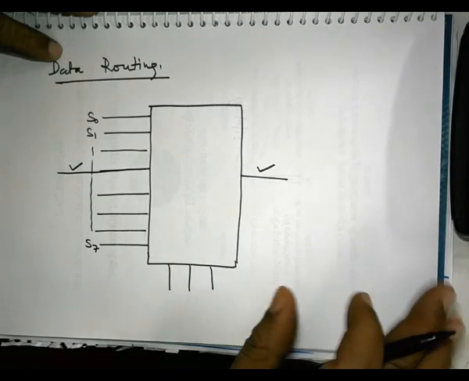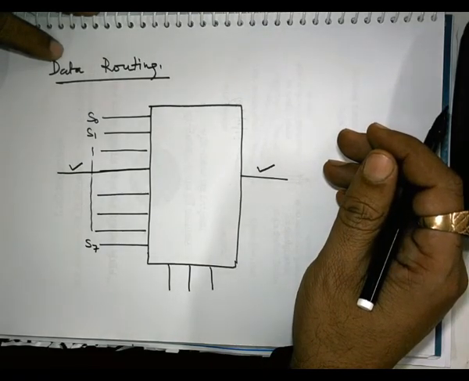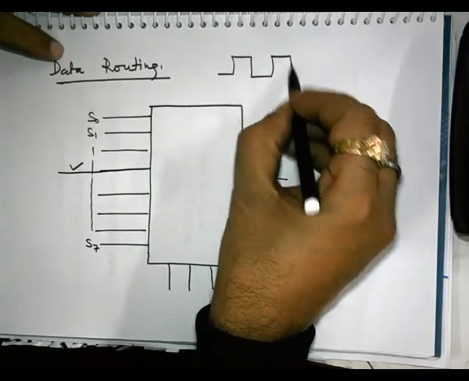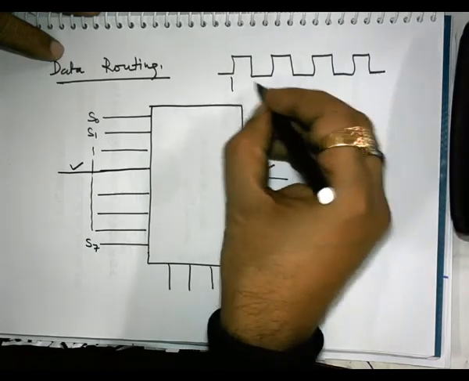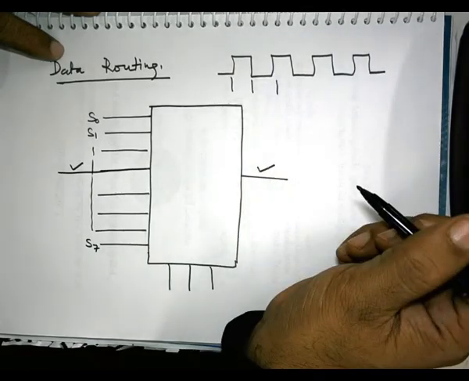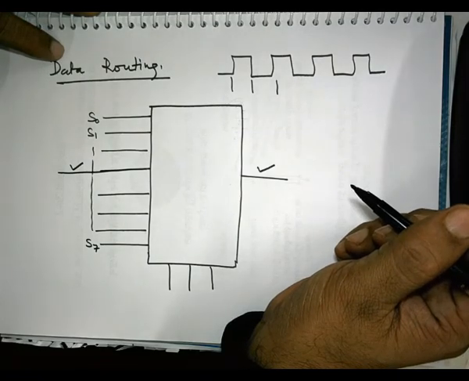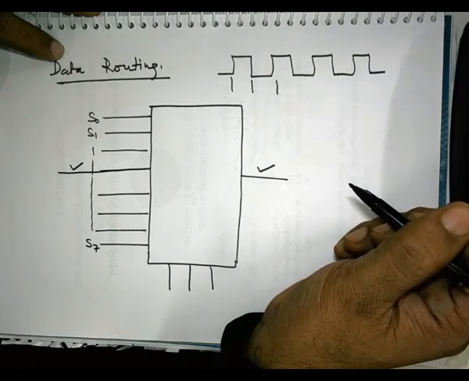And muxes can also be used as a function generator. Suppose I have to generate a square wave of 50% duty cycle, meaning for 50% of the time it is off and for 50% of the time it is on. If I have to generate this kind of wave, I can use a mux for this design.